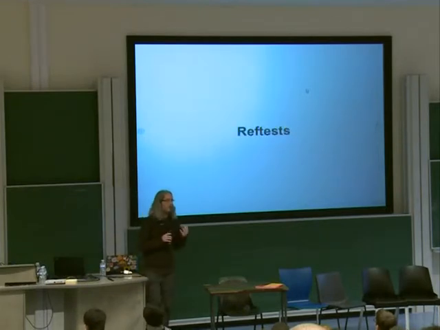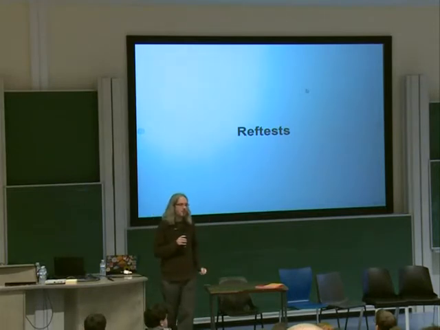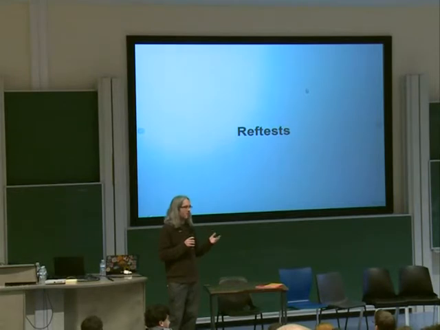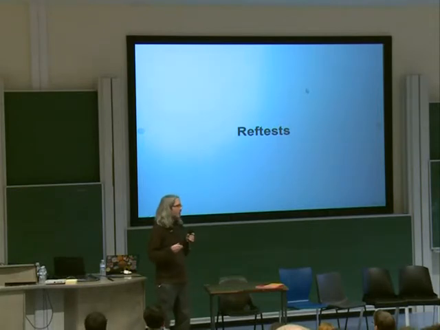OK, so my example test there was a JavaScript test, which is the best type to write whenever you can, but sometimes you can't, and you need to test something that depends on layout. And when you want to do that, the test type we have is called a ref test. What you do here is you make two different pages that when the test passes should render the same, and when the test fails should render differently.